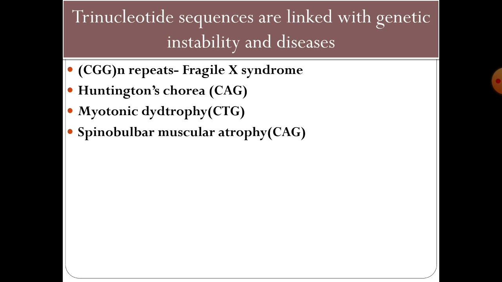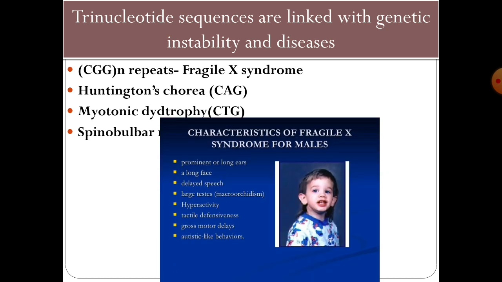Multiple repeats of CGG will lead to Fragile X syndrome. Huntington's chorea has a trinucleotide repeat of CAG, myotonic dystrophy of CTG, and spinobulbar muscular atrophy of CAG. So, this is how trinucleotide sequences can also lead to some diseases.